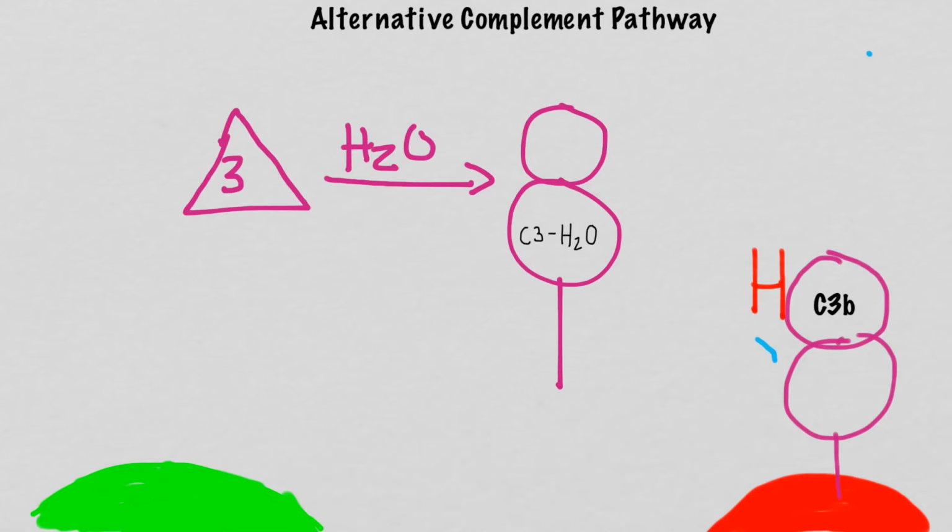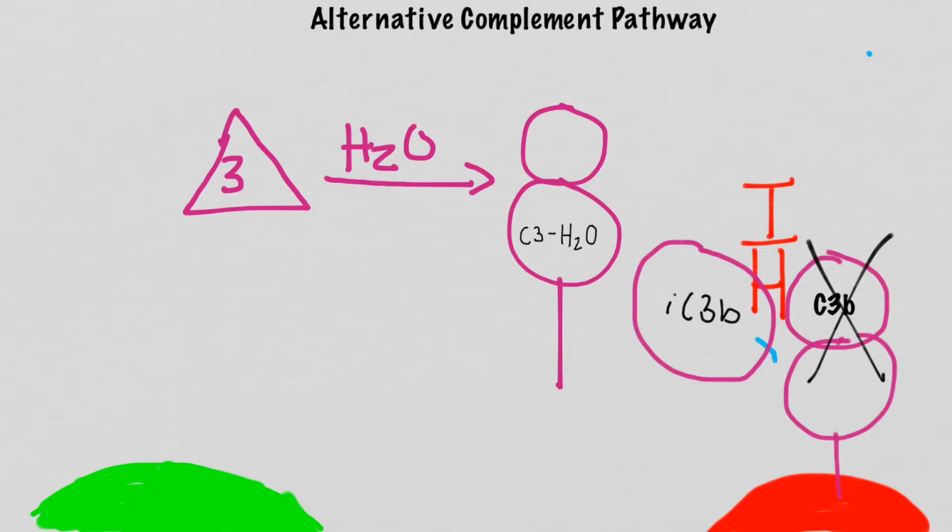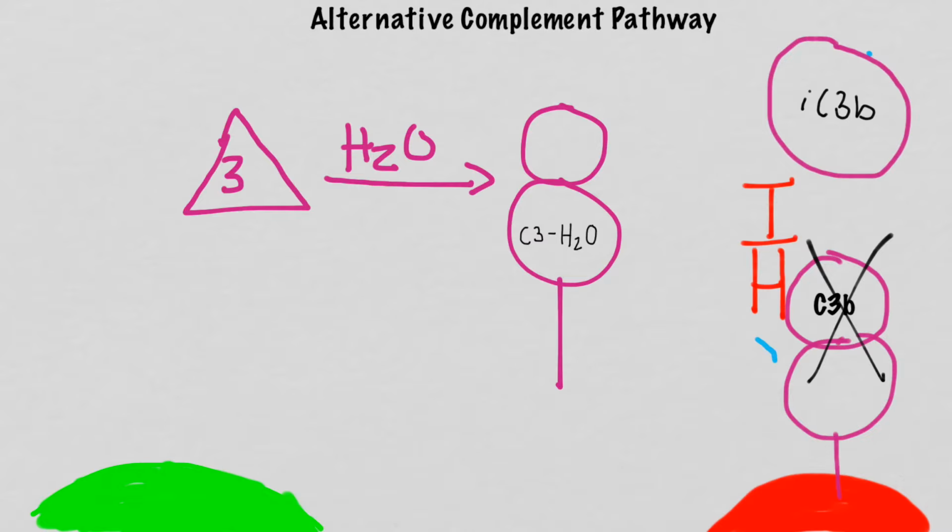The other thing that factor H does is act as a cofactor for binding of factor I. Factor I actually leads to the degradation of C3b into inactive C3b. This one can't actually carry out complement. So you're actually hitting this C3b and Bb complex of the C5 convertase in 2 ways. One with factor H, which dissociates Bb from C3b, and one with factor I that actually leads to the degradation of C3b. Together, these control the alternative complement pathway.